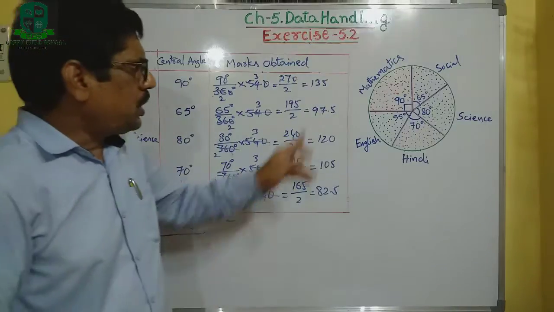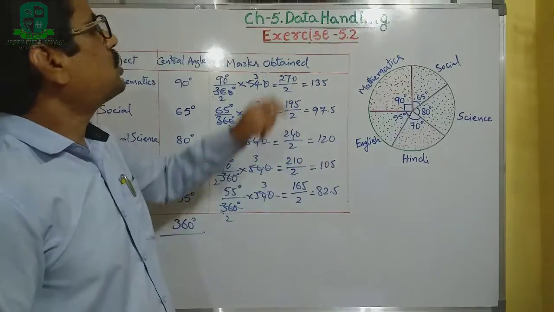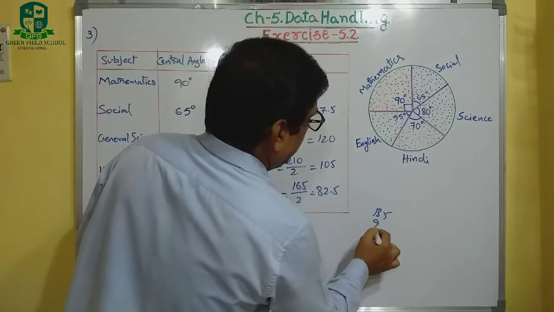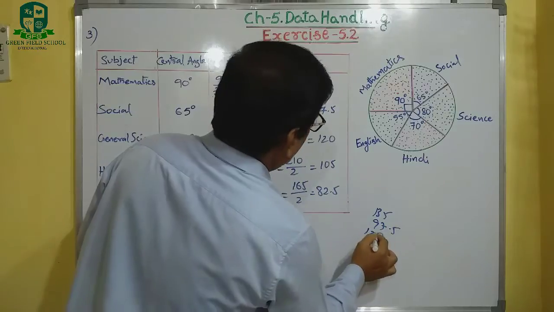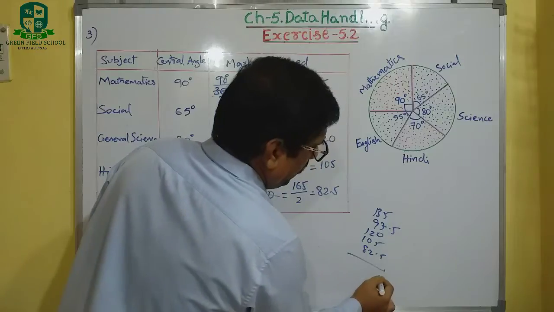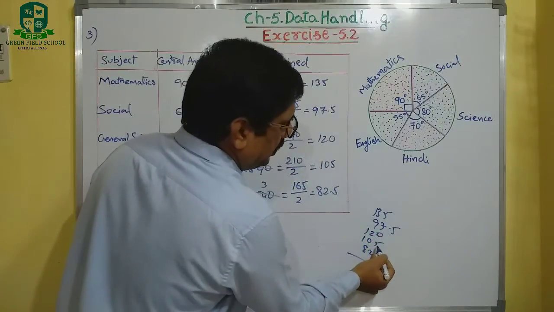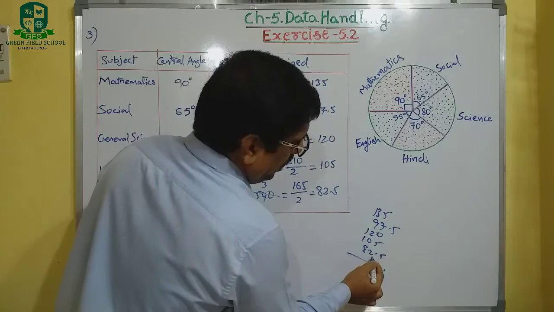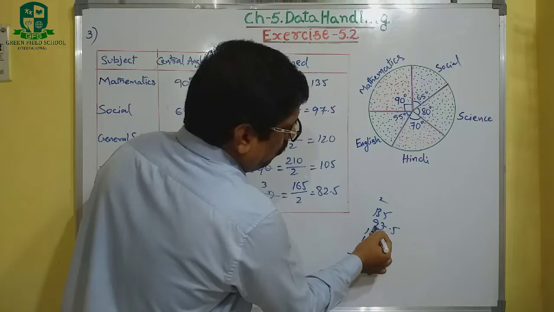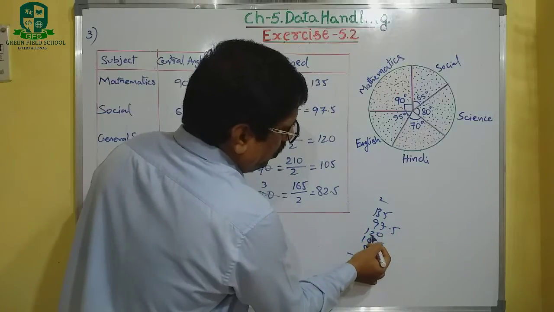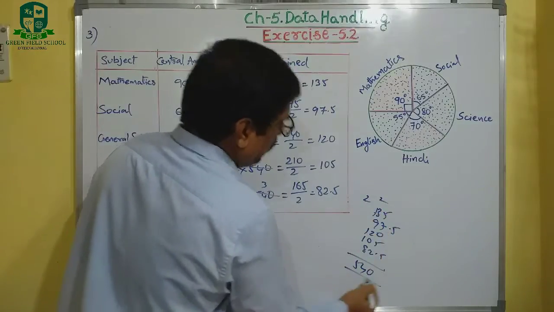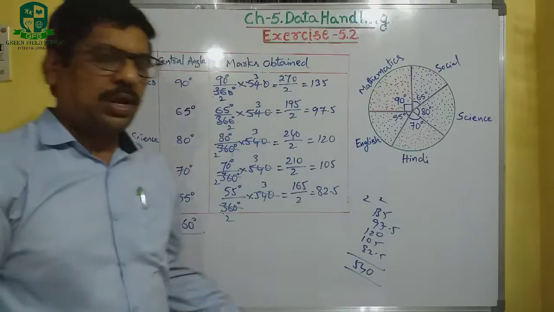If you want to check, let us add all the marks, then you must get 540. Let us see: 135, 97.5, 120, 105, 82.5. Adding them up, the total of the marks is 540.